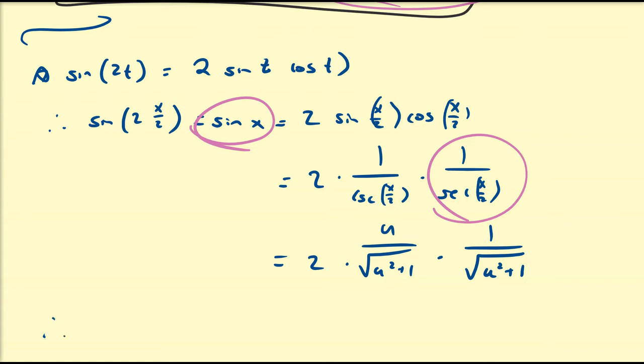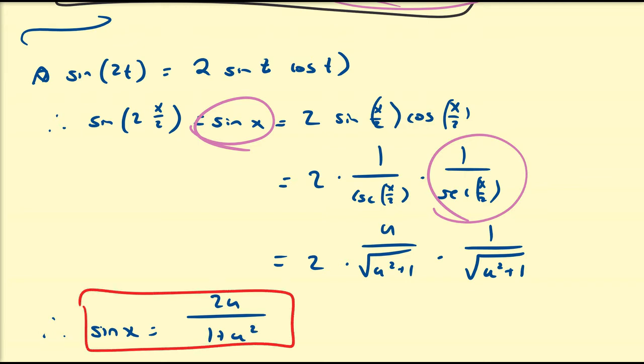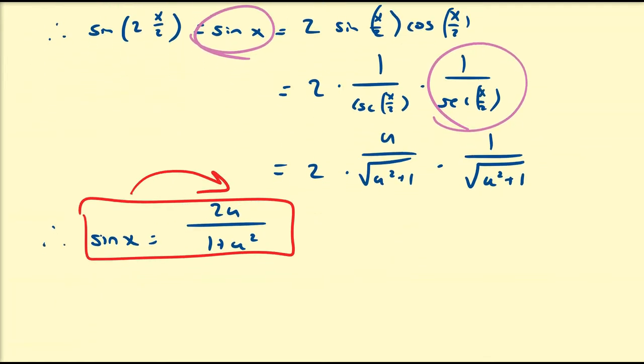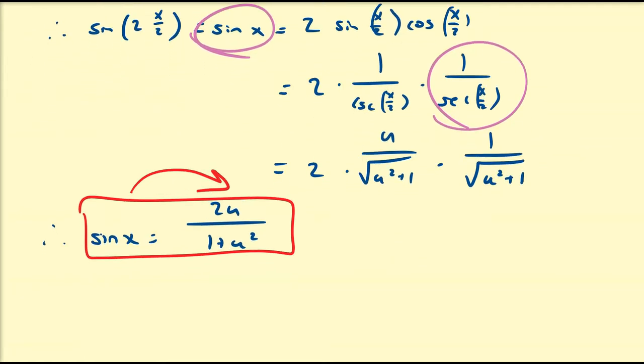So therefore, we can replace sine of x with 2u divided by, so square root times square root is the interior, so we have 1 plus u squared there. Right? So this is the transformation, so sine gets mapped to this rational function. So that's the second piece of our puzzle.